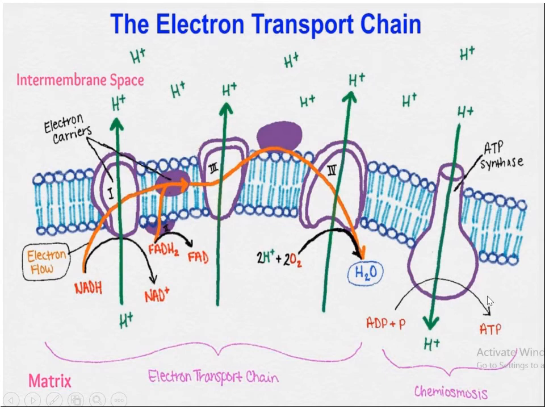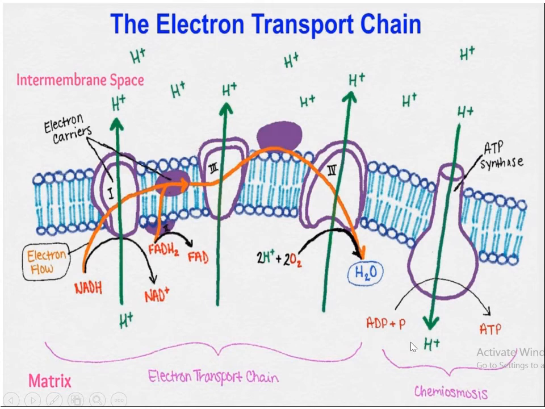Protons generally move from the higher energy gradient to the lower energy gradient. That's why these protons move from the intermembrane space to the matrix through this ATP synthase. To achieve equilibrium, the protons flow from the intermembrane space to the matrix.